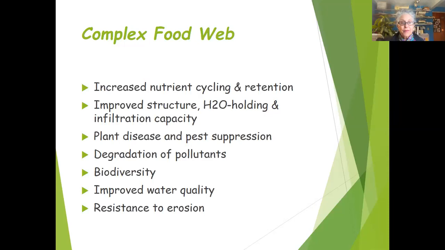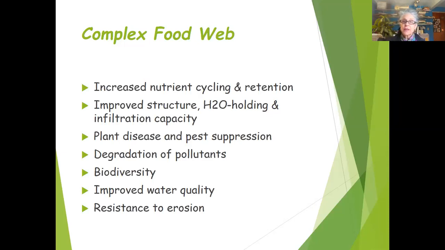For example, an increase in the movement of nutrients and the ability of the soil to hold on to nutrients. The organisms and organic matter in the soil bind soil particles together into aggregates, improving soil structure and the water holding and water infiltration capacity of a soil.